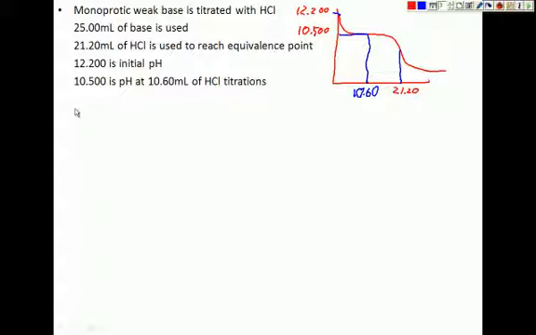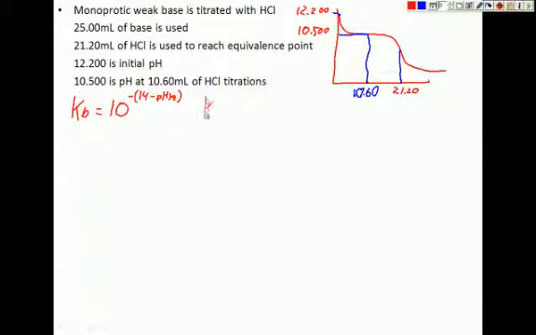Our Kb is equal to 10 to the minus 14 minus our pH half.